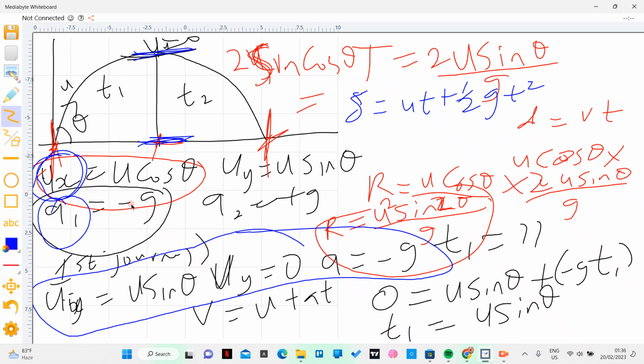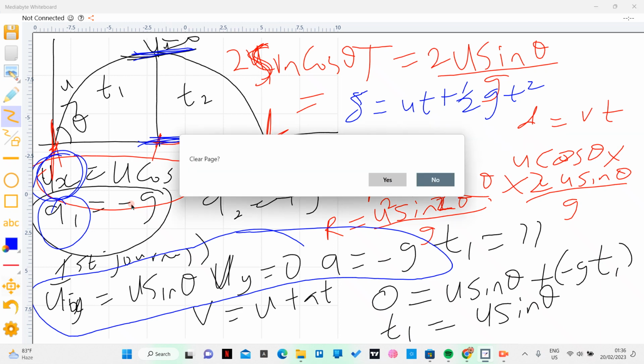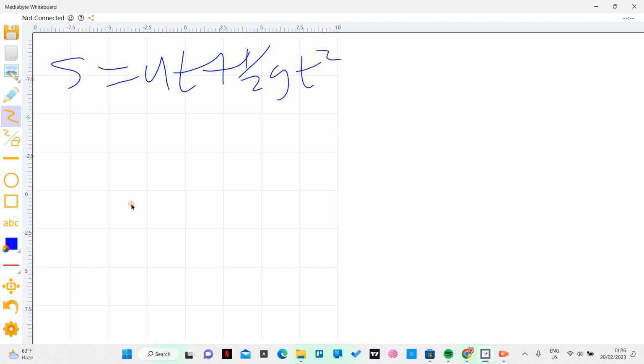So we have s equals ut plus half gt squared, or half at squared.